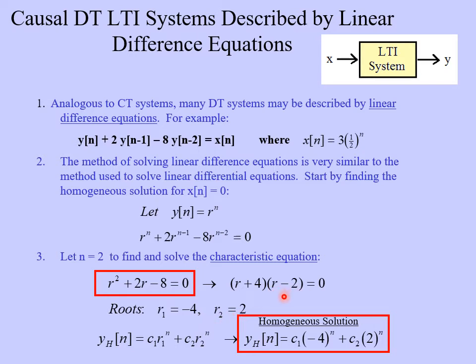Our homogeneous solution is C1 times r1 to the n, where r1 is -4, plus C2 times r2 to the n, where r2 is 2. So plugging in those values, our homogeneous solution, y sub h, is equal to C1 times -4 to the n plus C2 times 2 to the n.